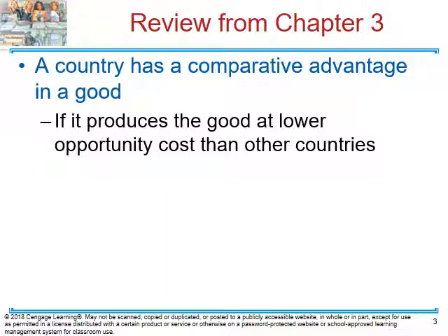So the opportunity cost of producing a good is the determinant of whether a country has a comparative advantage or not. If the opportunity cost of producing that good is lower compared to other countries, we say that this country has a comparative advantage.